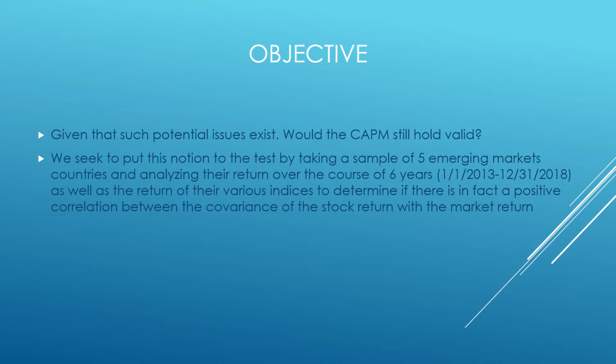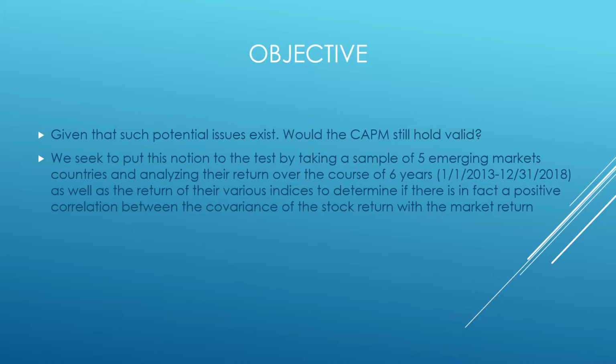Given that those are potential issues that could influence the rate of return of emerging markets, what I sought to do was test the notion of whether the capital asset pricing model could still predict the expected rate of return accurately given those issues.